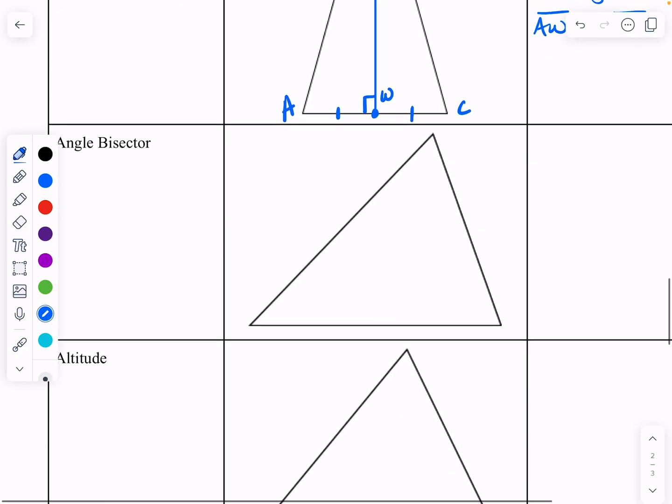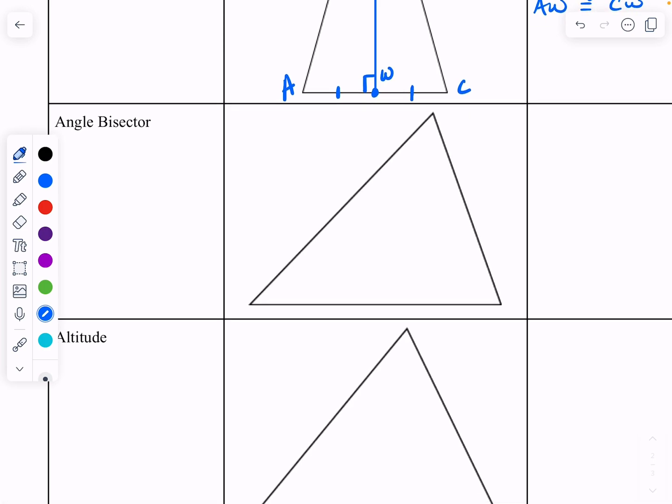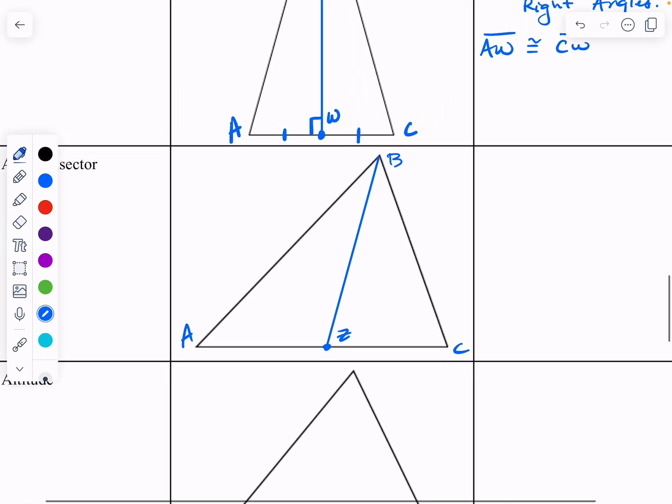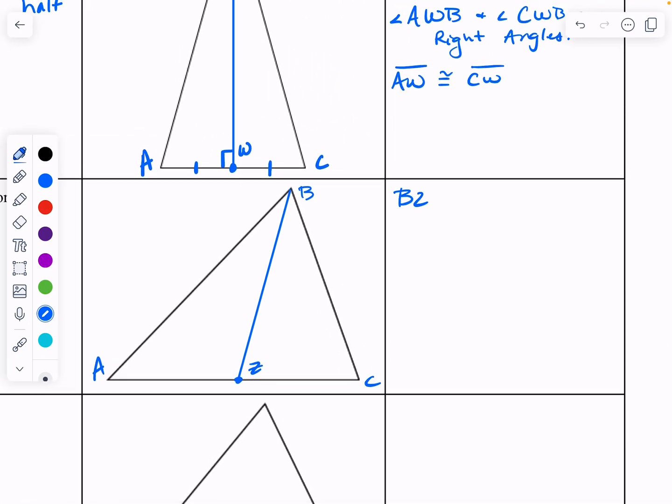We also just have a plain angle bisector. An angle bisector, remember again, bisect means to cut in half. So let's label this again ABC, and let's say this is Z. So this might say BZ bisects angle ABC, okay?